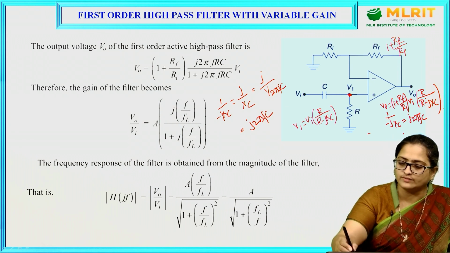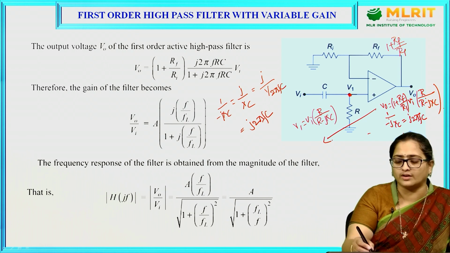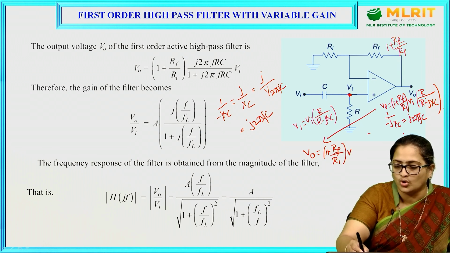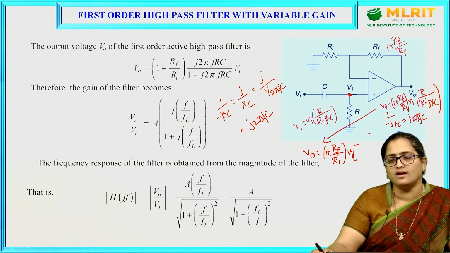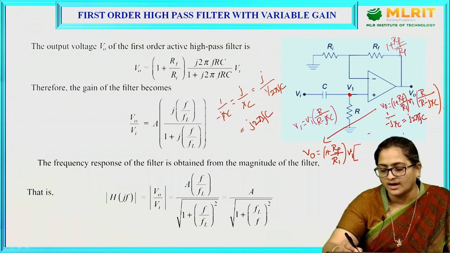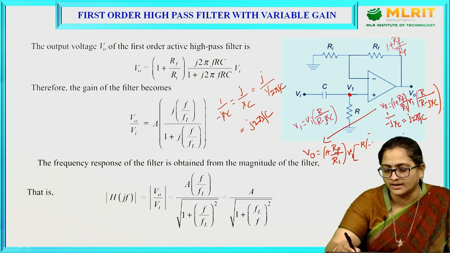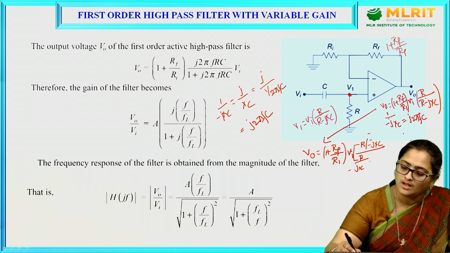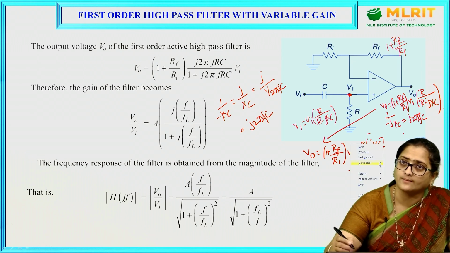So, now if you rewrite this expression, you can write V0 is equal to 1 plus Rf by R1 into Vi, and I am dividing by minus jXc in the numerator and denominator. I can write this as R by minus jXc divided by R by minus jXc plus 1.